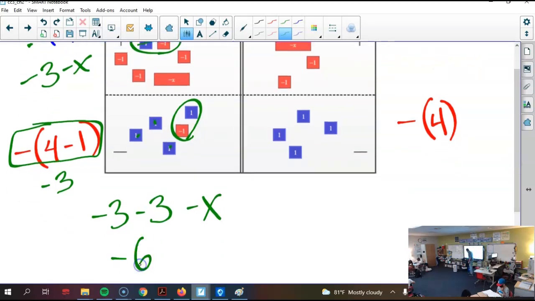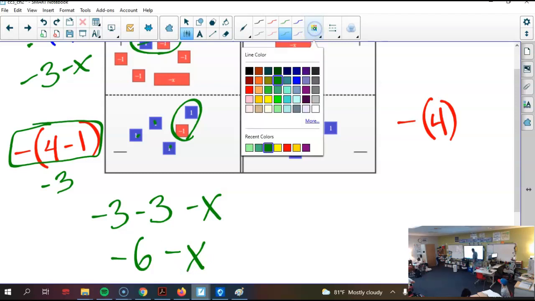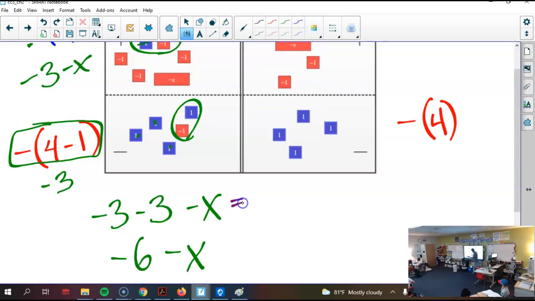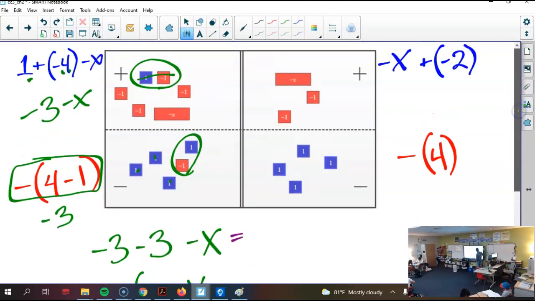Somebody fell on the trap door of thinking 2 negatives make a positive, which is true in multiplication. So we have negative 6 and we still have negative x equal to, or minus x. Yeah, you can say minus. So we said this is actually negative. So what do we get when we put them all together?